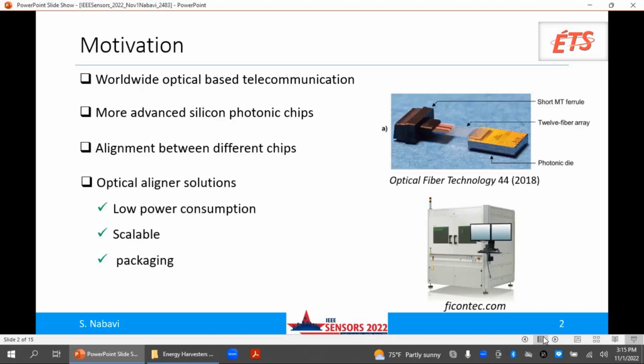However, we need an optical aligner with some specific features, like low power and scalable, and most important, we should be able to use such a technology during packaging, making the chip and aligning, doing everything at the same time. Because of that, microelectromechanical technology, or MEMS, can help us reach such a solution.